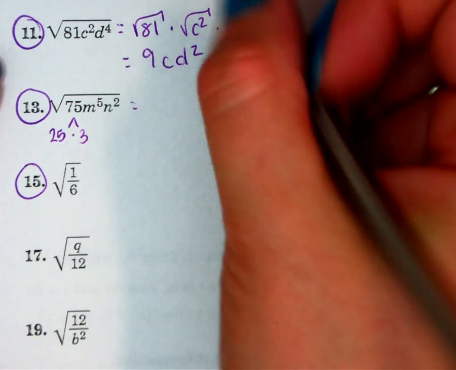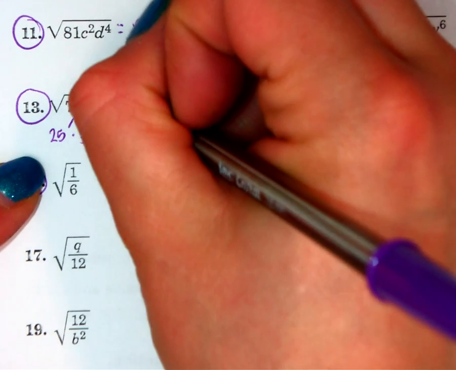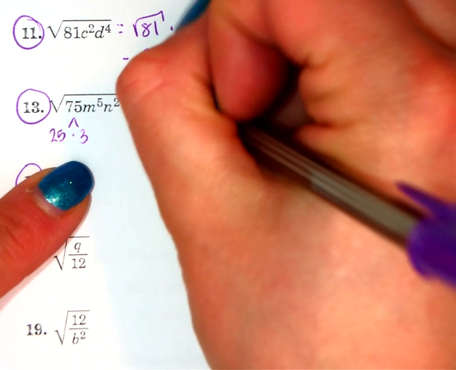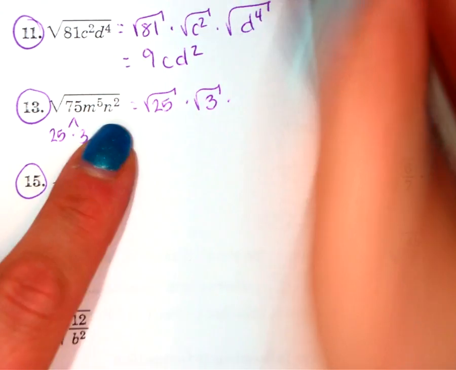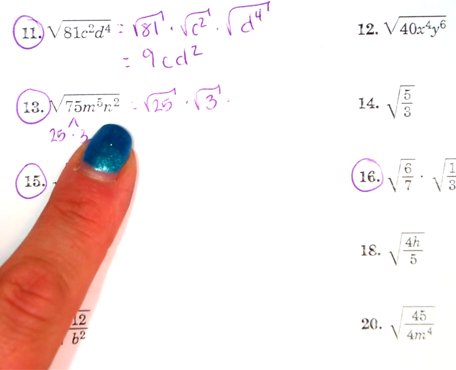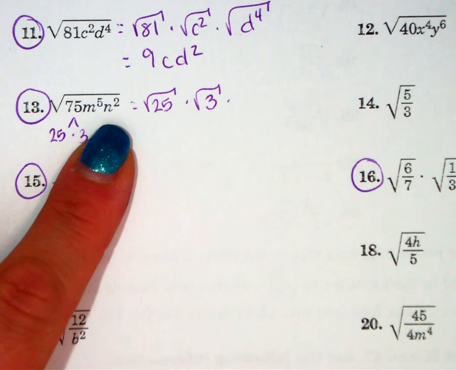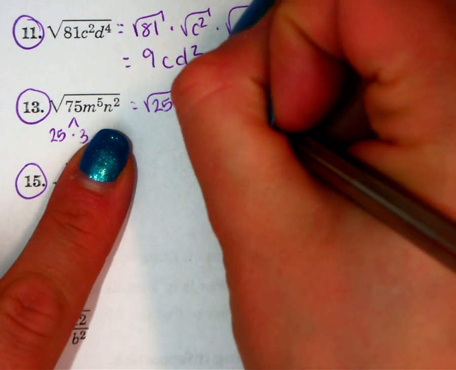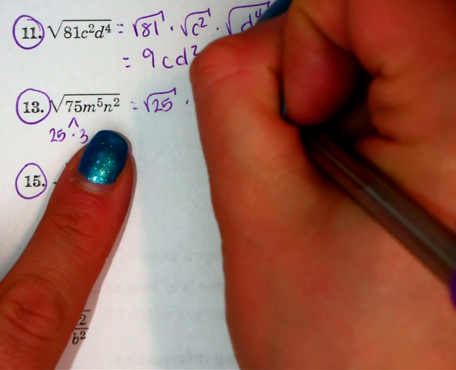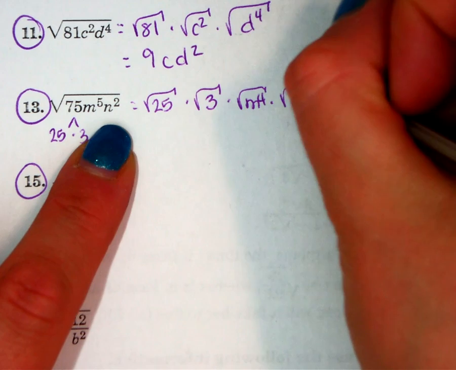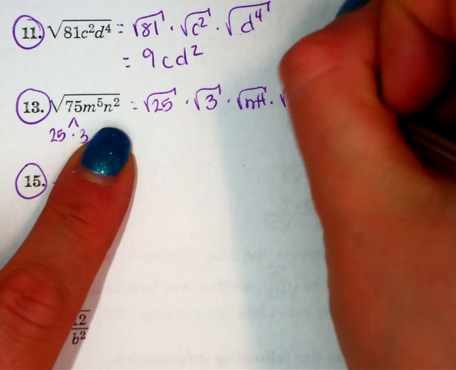So splitting this apart, I'm going to have the square root of 25 times the square root of 3 times m to the fifth. The biggest even number that I can get to that's less than 5 is 4. So I'm going to take m to the fifth and split it up into m to the fourth times m. And then n squared, 2 is an even number, so I can leave it as n squared.